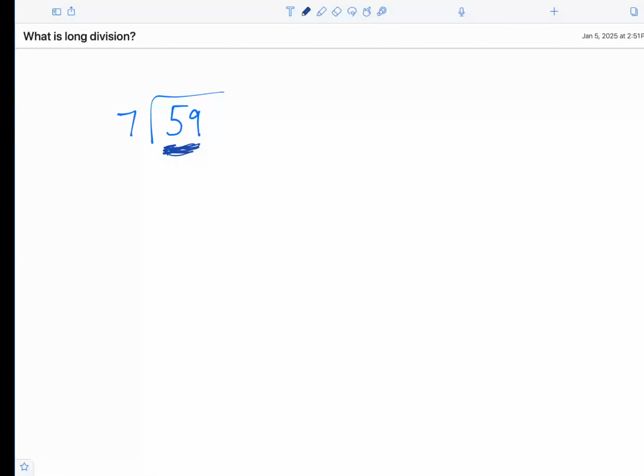One way of thinking about this is, what number can I multiply 7 by that gets me as close as possible to 59, but not over?